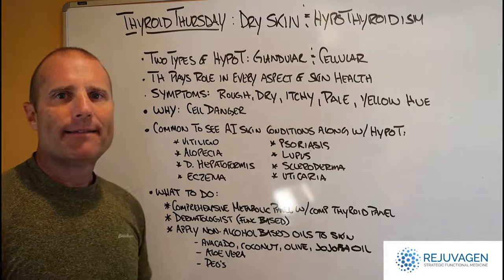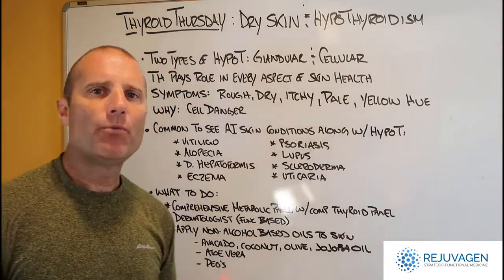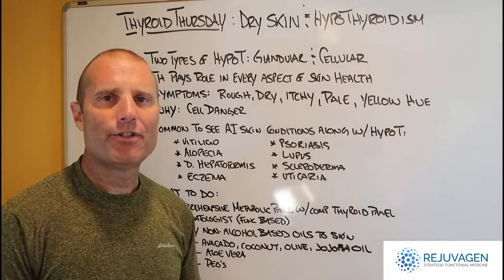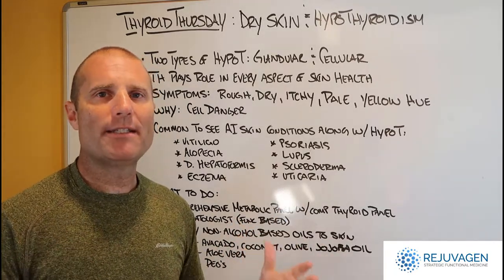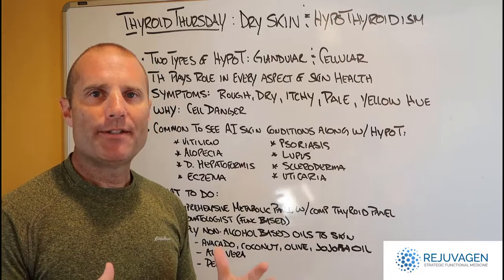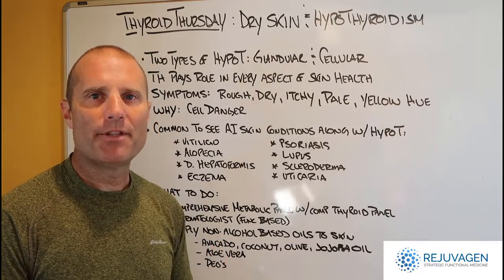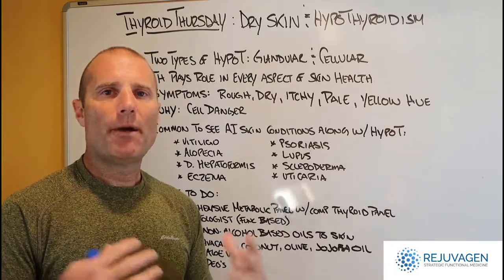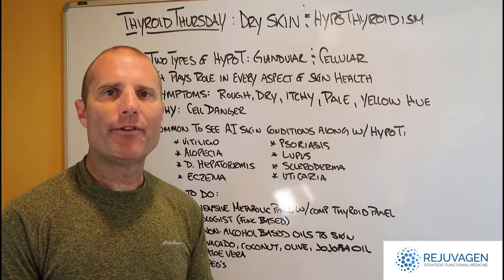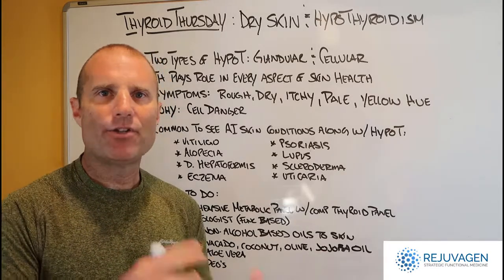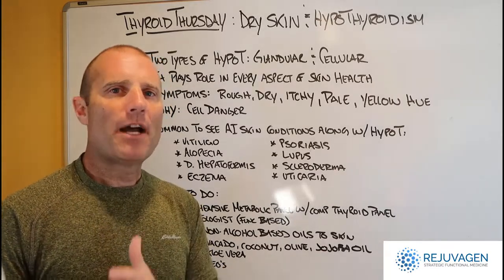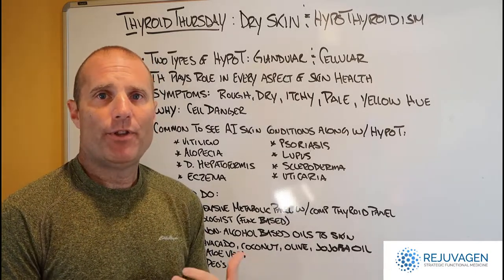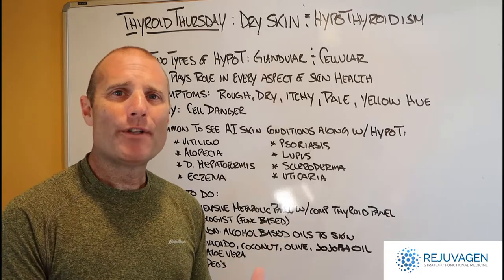Why do we get dry skin? Well, if you think about what's at the root of most cellular hypothyroidism and even glandular issues, there's some type of cell stress. And when a cell is stressed, the normal metabolism of the cell to grow new cells and new tissues, and all about the growth and regeneration of cellular health, that stuff kind of gets shut down. Energy production gets shut down, and really thyroid hormone gets shifted within the cell, within the tissue, and within the organ itself to focus on cell defense.